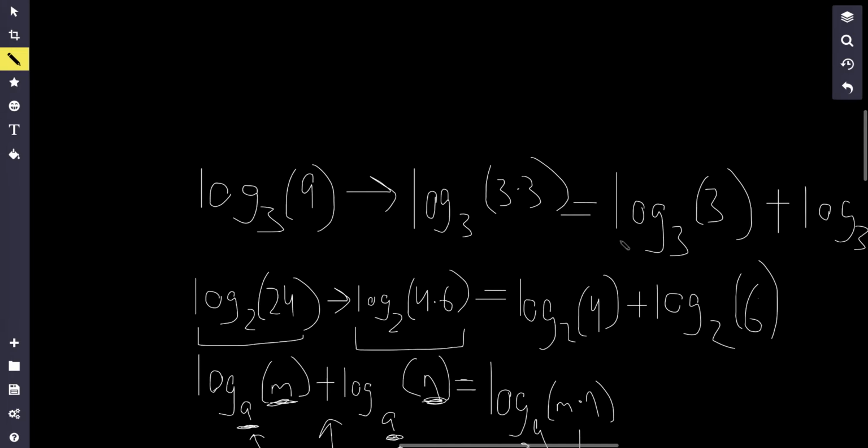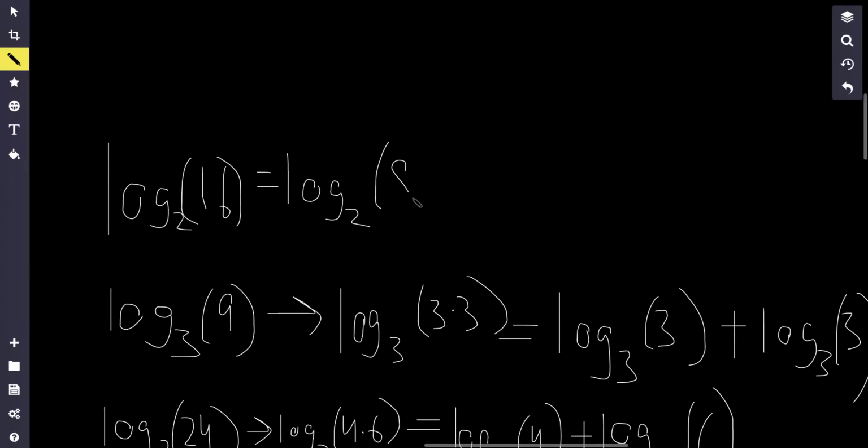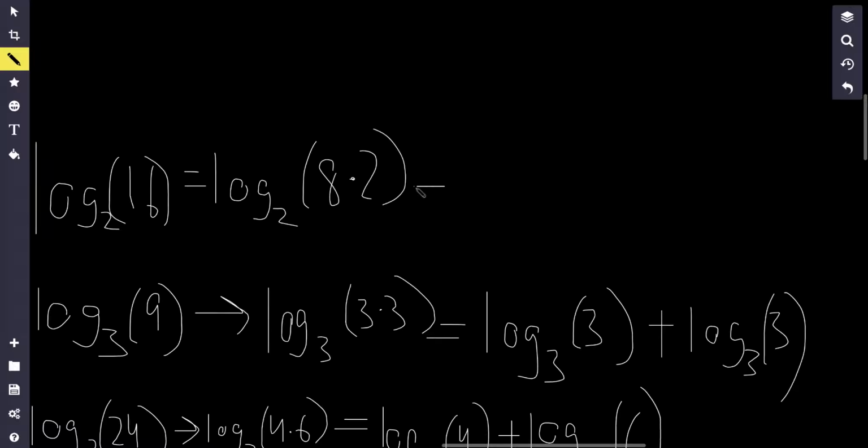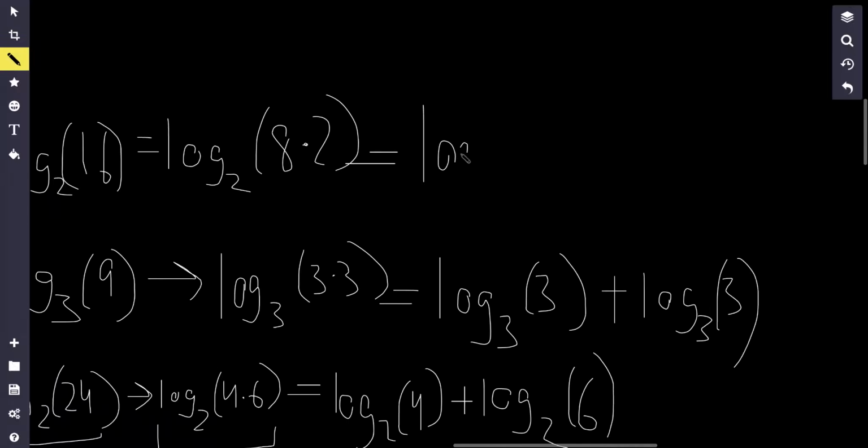I'll just do one more example. Let's say we have log base 2 of 16. We know that 16 is equal to, well, one option we can do is 8 times 2. So this is just going to be equal to log base 2 of 8 plus log base 2 of 2.